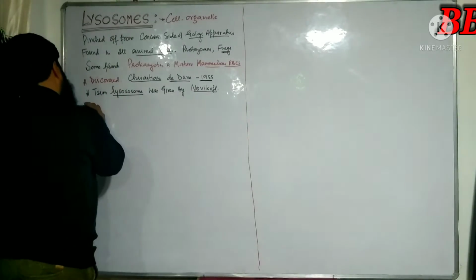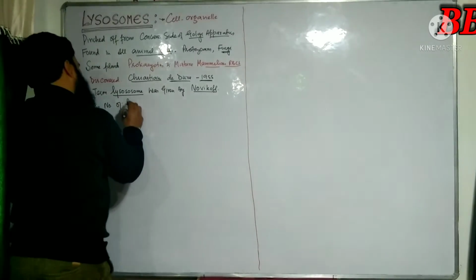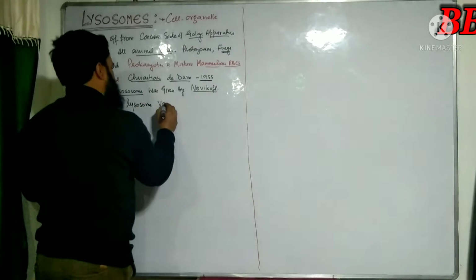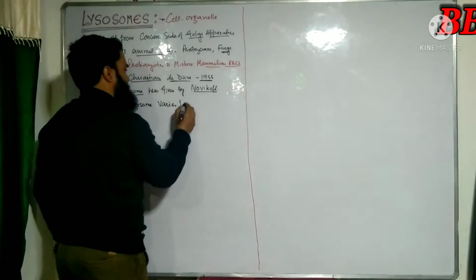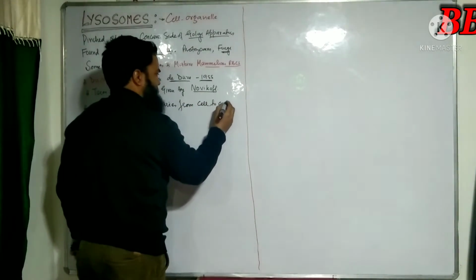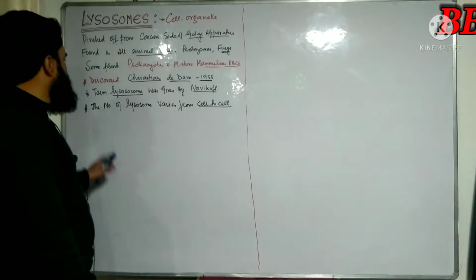The number of lysosomes varies from cell to cell, and species to species also it varies.